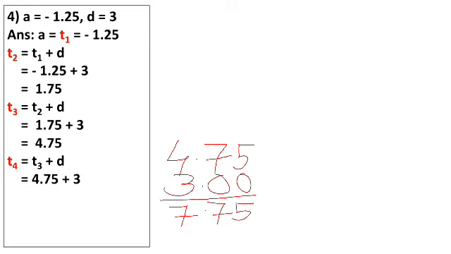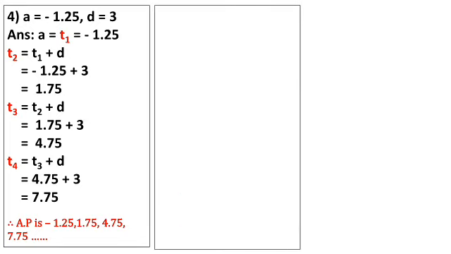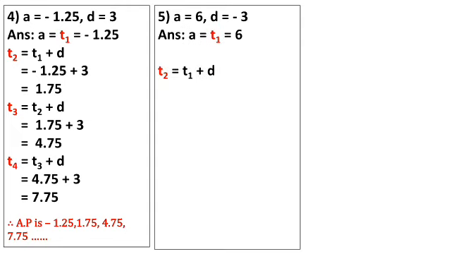So adding this number we get 7.75. So AP is minus 1.25, 1.75, 4.75 and 7.75. The next one you can do yourself, do as a classwork.